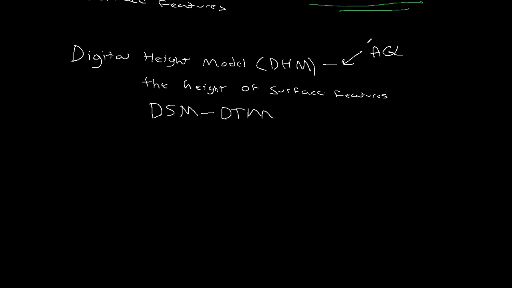All of these are digital elevation models because that's the raster format in which pixel values represent elevation. The three types are the digital surface model, including surface features; the digital terrain model, excluding surface features; and the digital height model, recording the height of surface features. The digital height model is the above ground level data, and you get it by subtracting the DTM from the DSM.